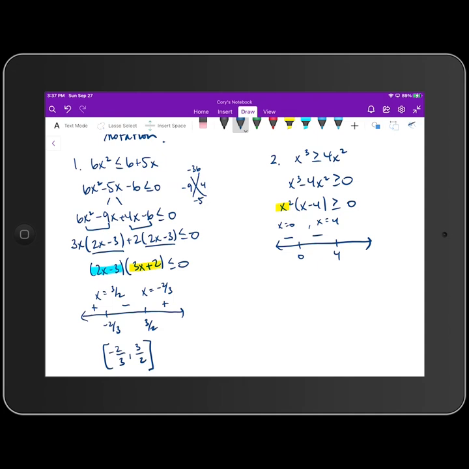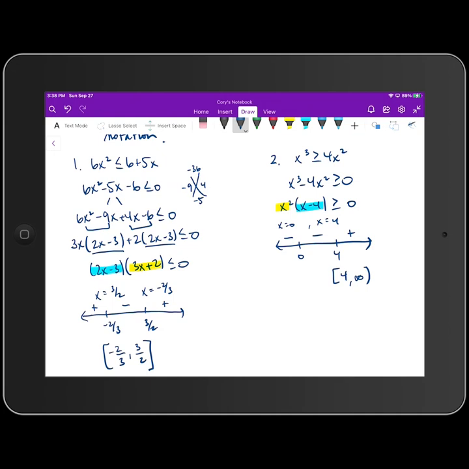And when I look at the next x-intercept at 4, the multiplicity of that zero is 1. It's odd. The graph has to cross the x-axis at that point, so the sign is going to change on that interval. So we're trying to determine where that product is greater than or equal to 0. Well, it for sure happens on the interval from 4 to infinity.